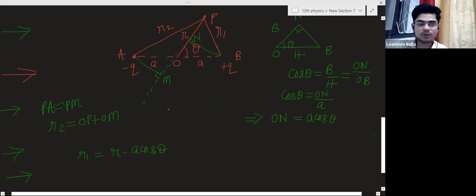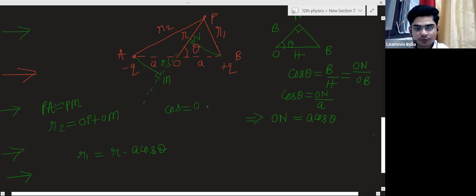So here again we will calculate the value of cos theta. This angle is theta, so by symmetry this angle will also be theta. This angle is 90 degrees, this will be the hypotenuse, and this will be the base.